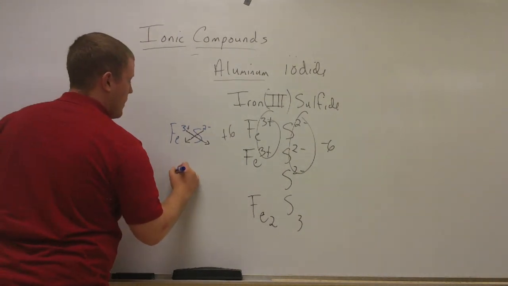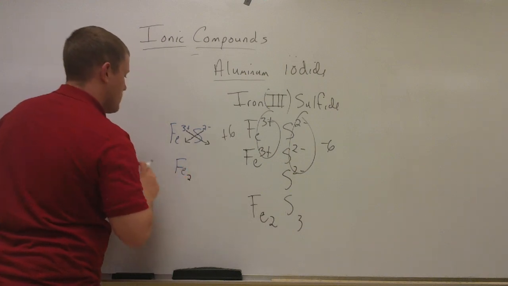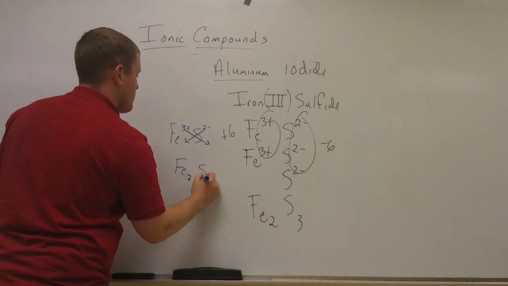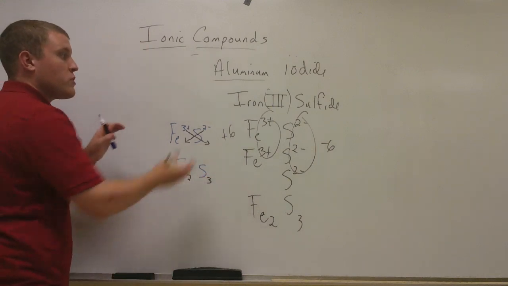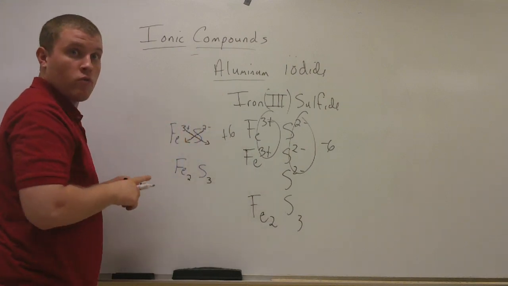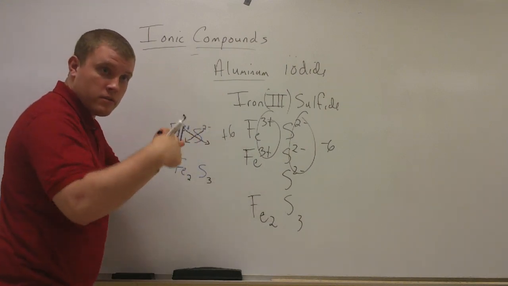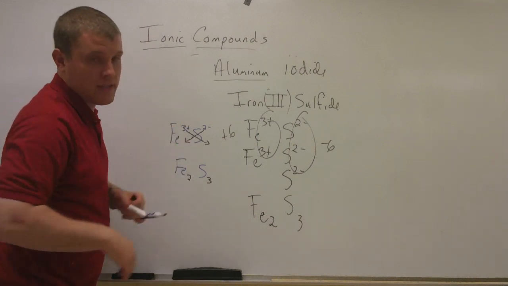I would then write this as Fe2S3. Whichever method works for you, thinking of it as a balance or as a crisscross, remember, opposite charges attract, opposite charges cancel each other out. That's what makes these bonds.